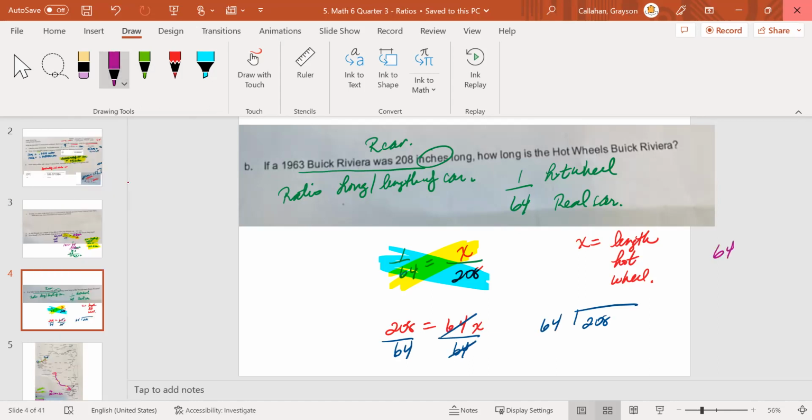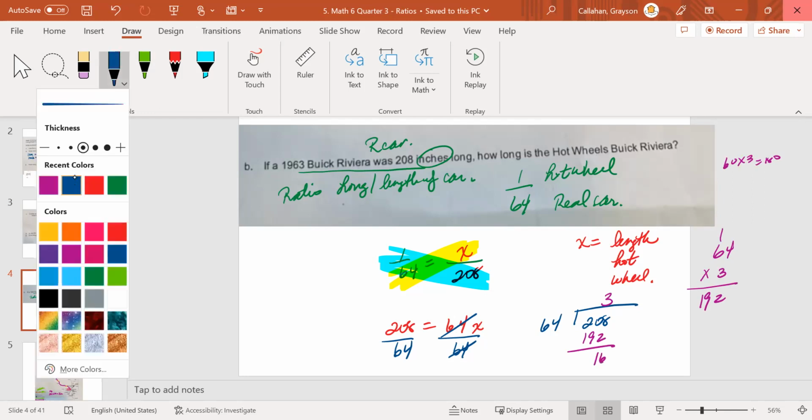64 on the side. If you had to estimate, 64 times what is close to 208? You got 3, because 60 times 3 is 180. 64 times 3 is 192, that's pretty close. So put 3, 192, subtract it, you get 16.